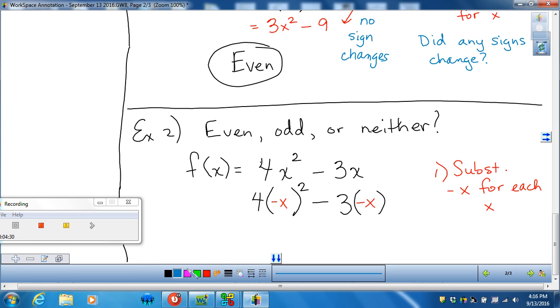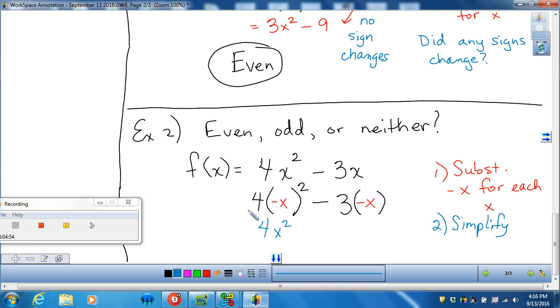Step number 2, simplify. Anytime you have negative x's in there, that's not simplified. So we need to simplify our situation. We need to square the negative x. Negative times a negative becomes a positive. So we have 4x squared.